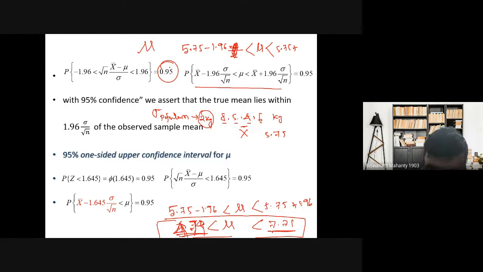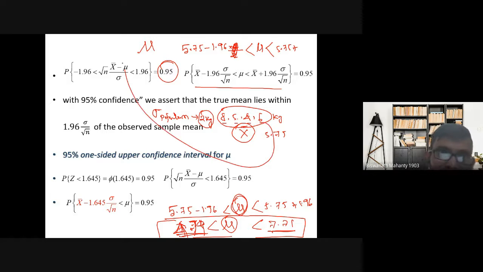So if I don't know my population mean, but I know the variance of the population, and I have just 4 samples, then from that I can calculate x bar, and then I can talk about the population mean mu. That is my achievement: from my sample, I can tell about the population.